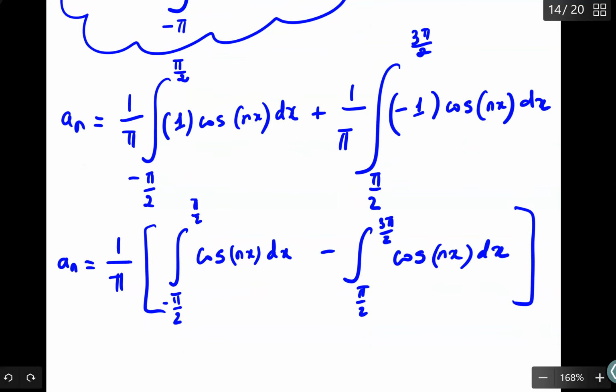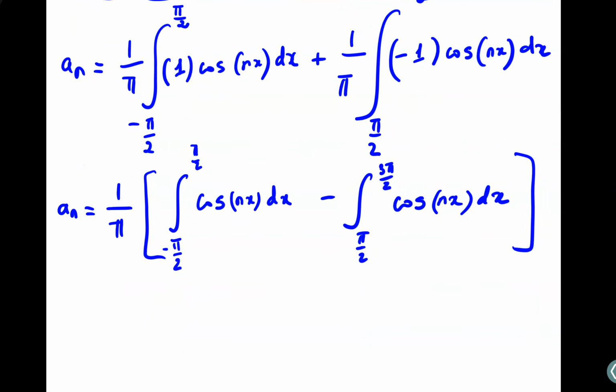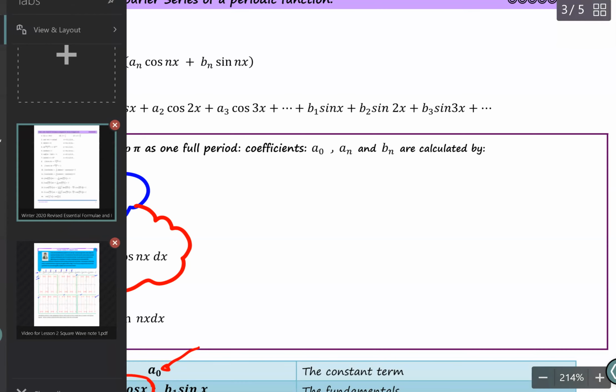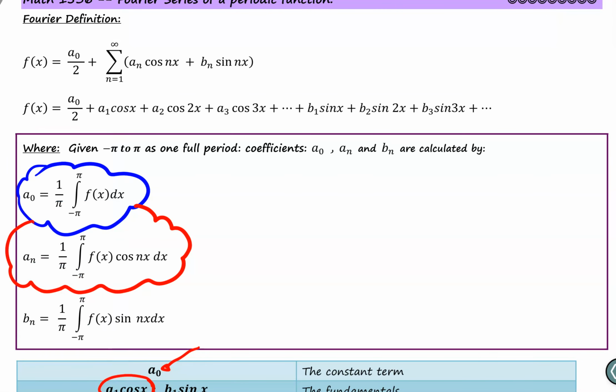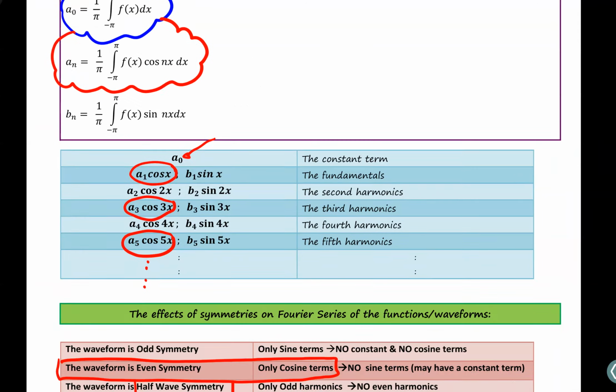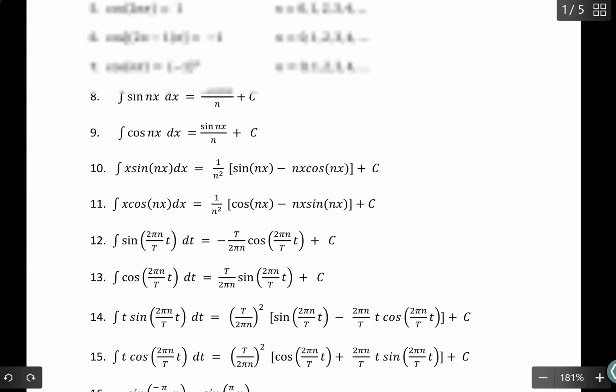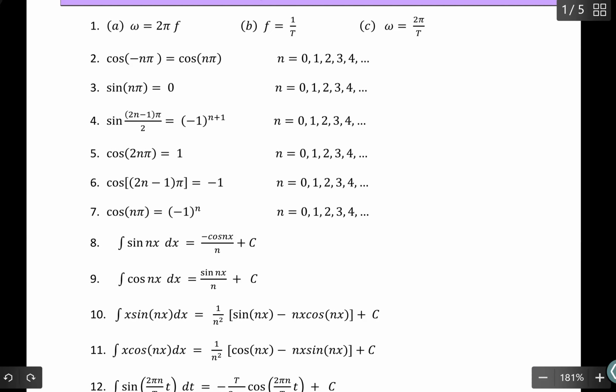At this point, we have to integrate this cos of nx, unspecified with the n. Again, we are going to use our formula sheet to find a shortcut for that. On this formula sheet, I believe it's on page number 11. So go to our page number 11.